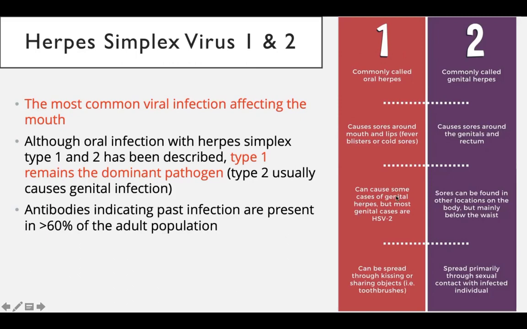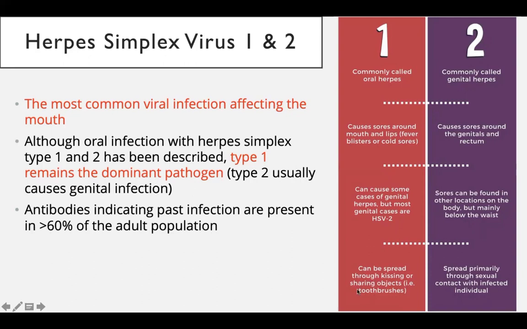Type 1 can cause some cases of genital herpes, but most genital cases are caused by HSV2. Sores can be found in other locations on the body, but mainly below the waist. Below the waist sores, type 2. HSV2 is the common pathogen for genital herpes, which is why we named it so.